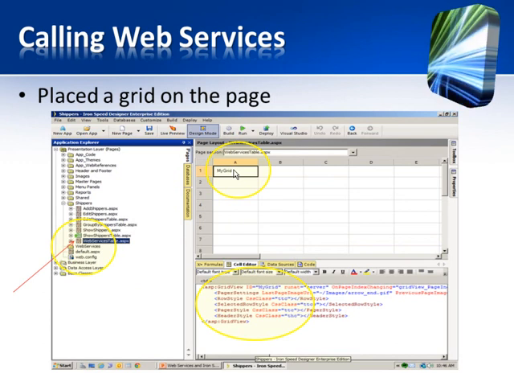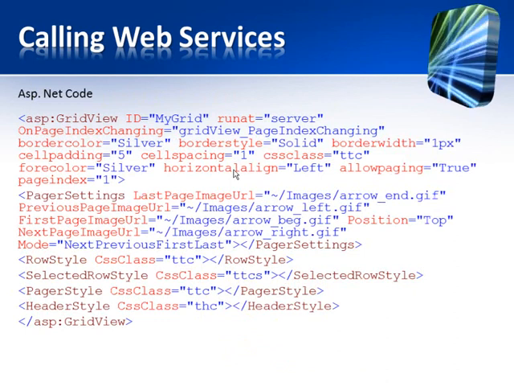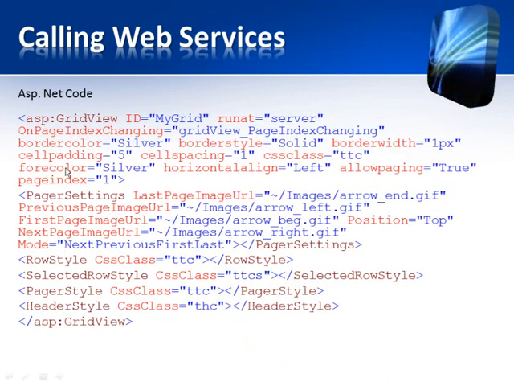You can get this code on a CCW as to making a grid. And the code is simply put here. It's basically named MyGrid, that's the ID, and it has pagination as well as all the particulars when it comes to adding a grid to an ASP.NET application or page.